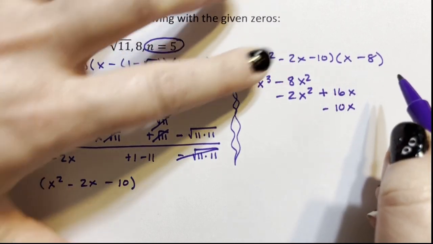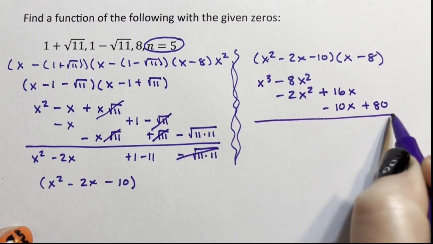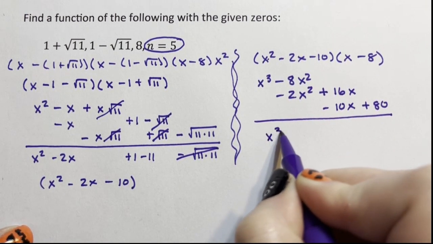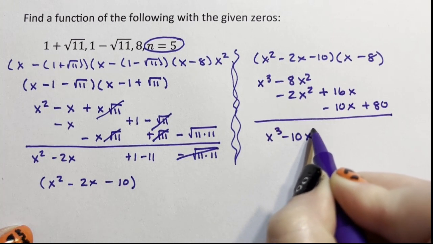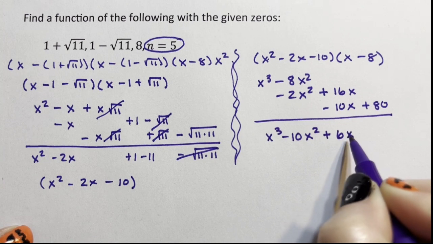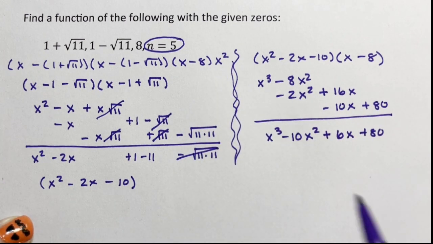And negative 10 times negative 8 is a plus 80. So I end up with x cubed minus 10x squared plus 6x plus 80.